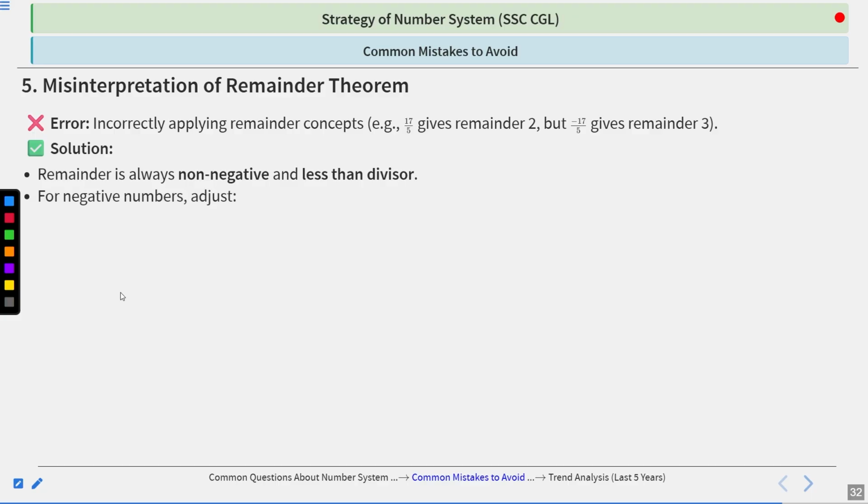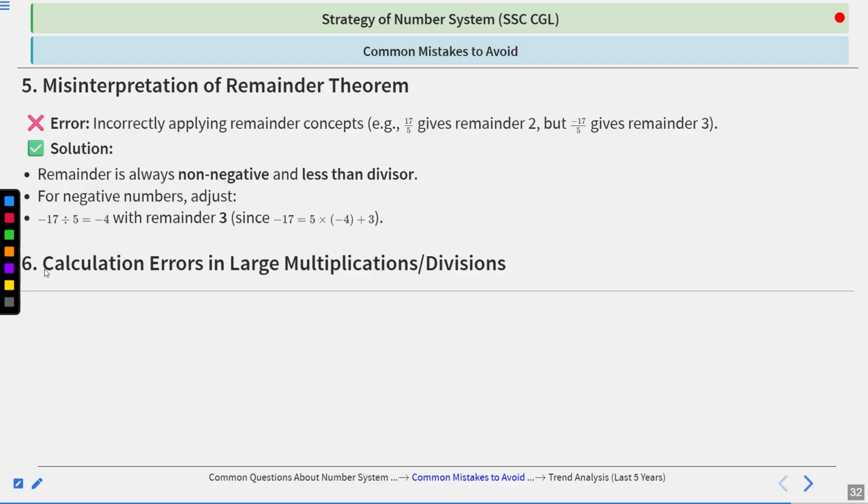So for a negative number, adjust. Minus 17 divided by 4, we get the quotient minus 5 and the remainder 3, since minus 17 is equal to 4 into minus 5 plus 3.